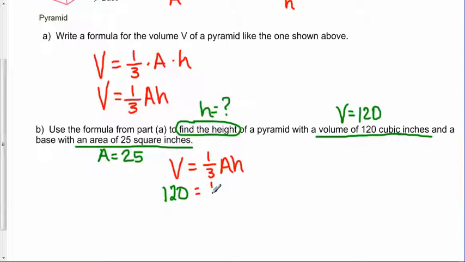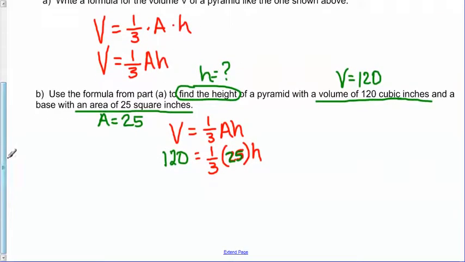Equals 1/3. And then A, do we know what A is? Yeah, they told us that A was 25. I should probably write that in green because that was information given to us. There's my 25. And H, we didn't know what H was. That's what we're trying to find, so we'll put that H in here. So now here's the equation that we need to solve for H.